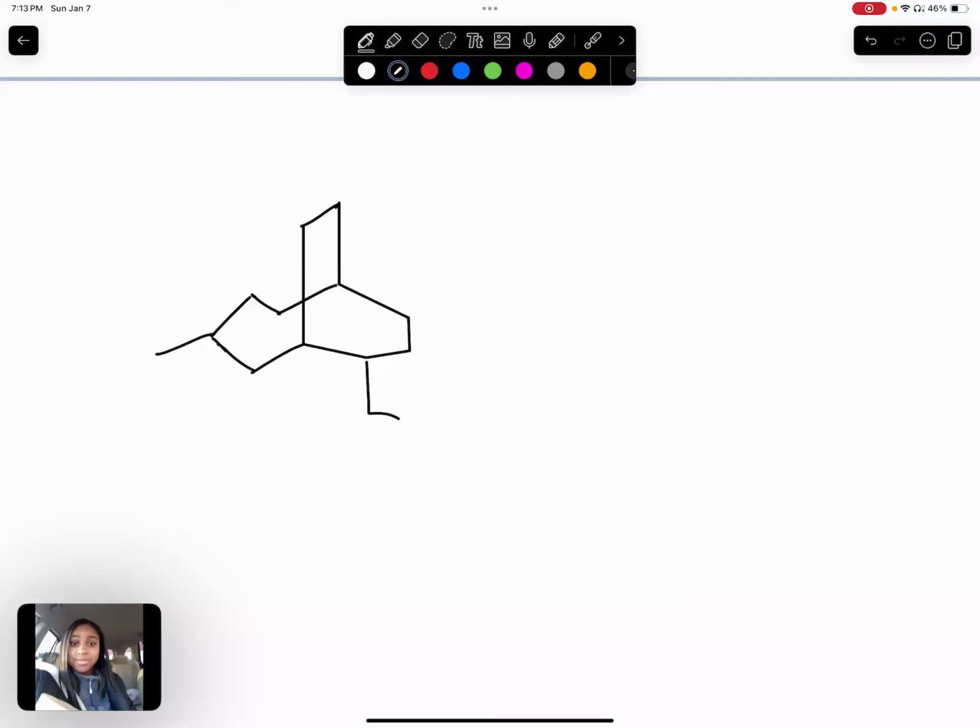How about you guys learn alkyl halides? If I put a chlorine here, would you guys get that? He said he's not doing that on the test. He's not covering that. Okay.